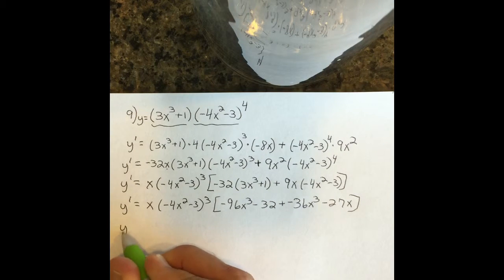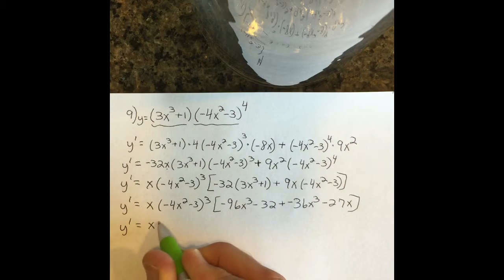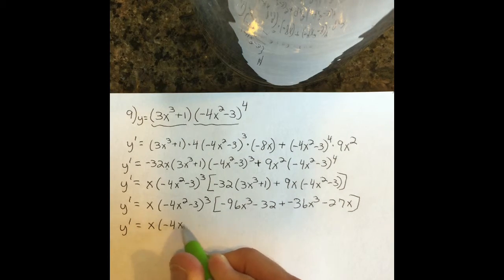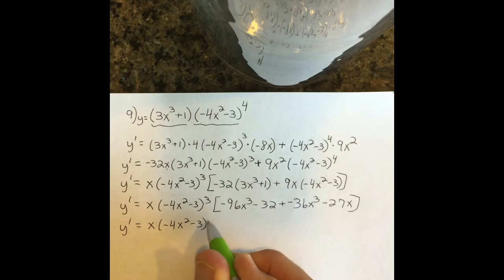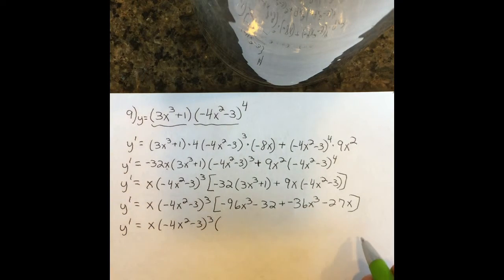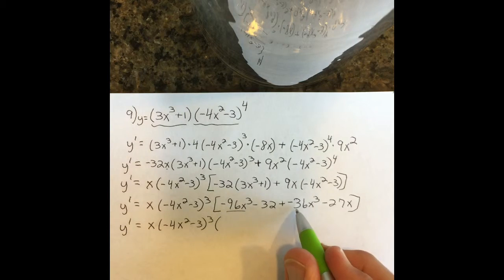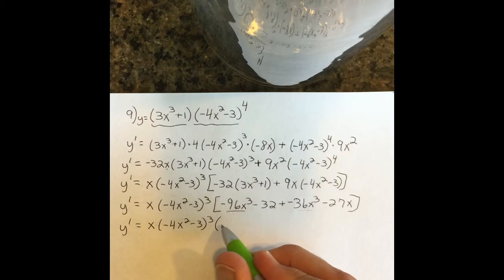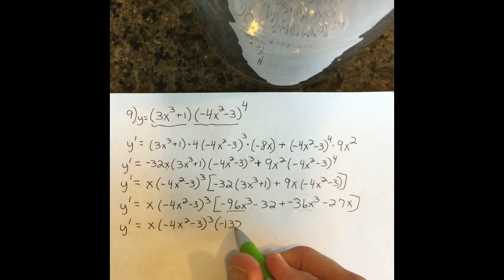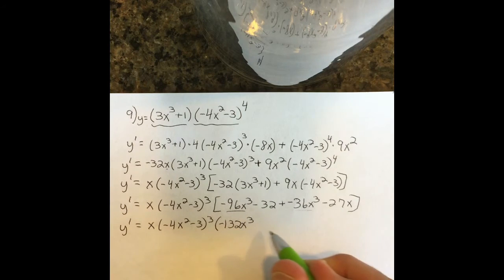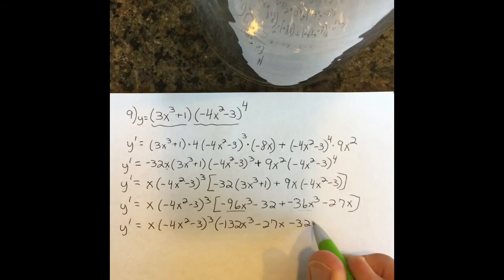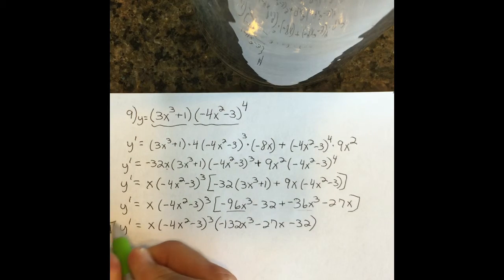And then if we want to write that in a little bit simpler form, from higher powers of x to lower powers of x, this part in brackets, these two can be simplified, so that's going to be negative 132x cubed. And then I have minus 27x minus 32. So that's a pretty good answer. You could factor out a negative 1 and maybe simplify a little bit, but I think that's pretty good.